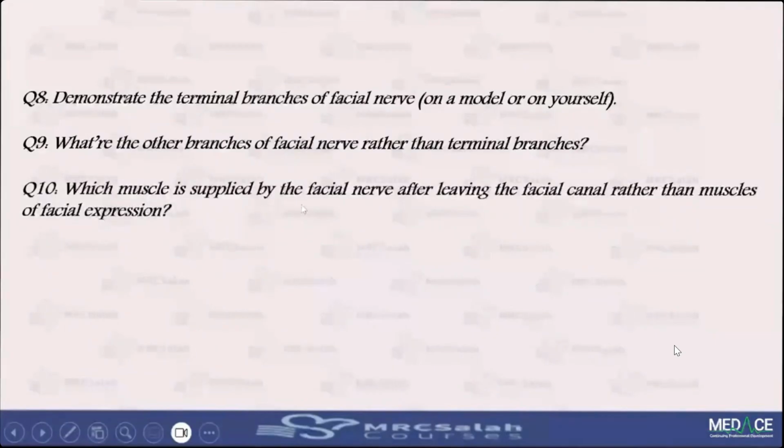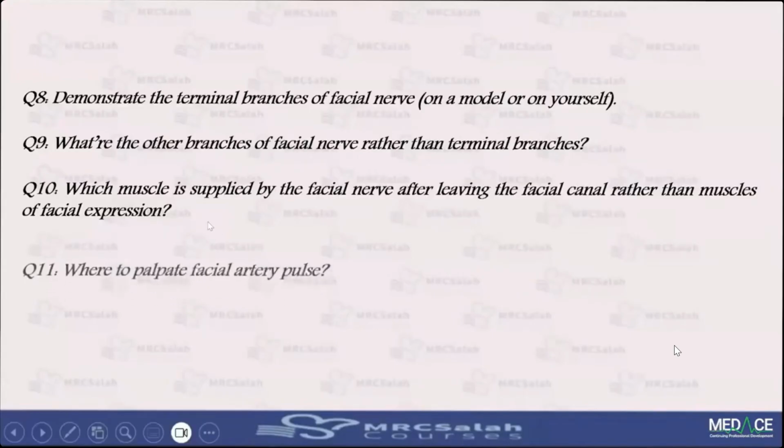Which muscles are supplied by the facial nerve after leaving the facial canal, other than the muscles of facial expression? Yes, the posterior belly of digastric and stylohyoid, and the occipitofrontalis, posterior belly.